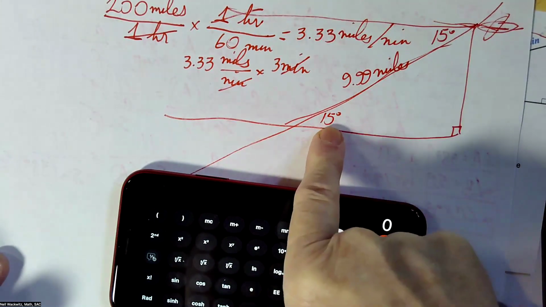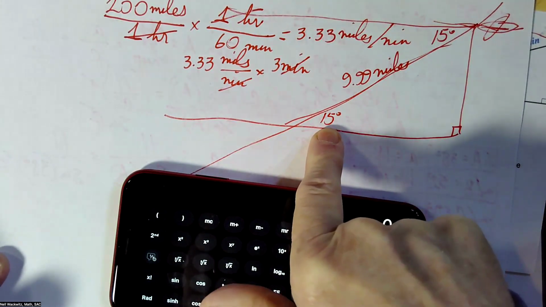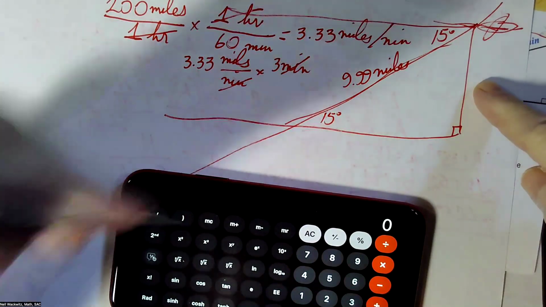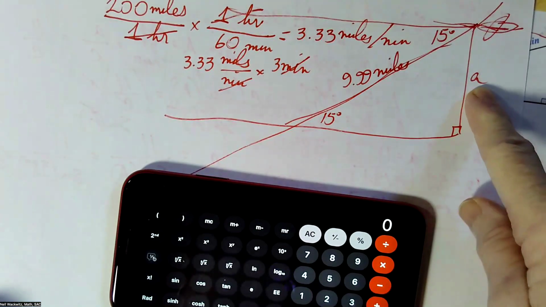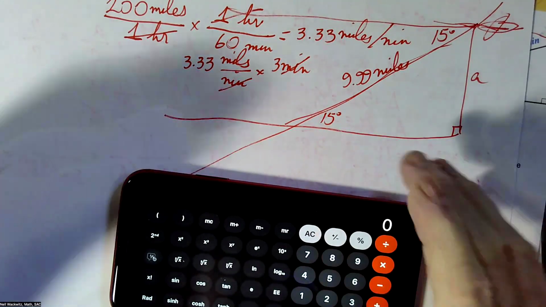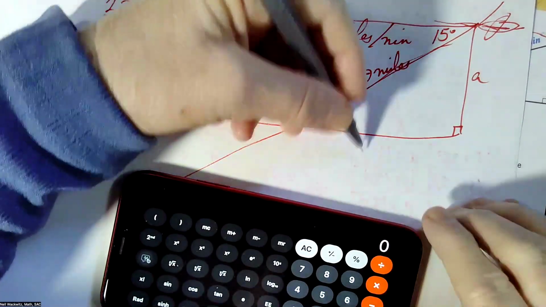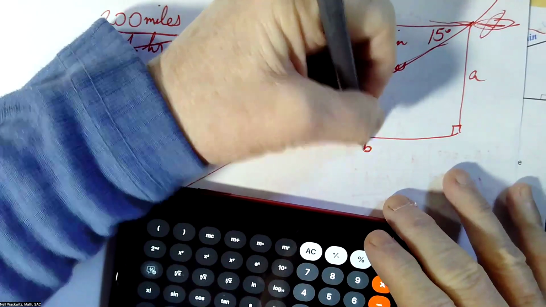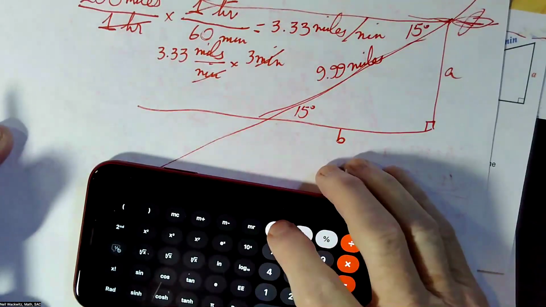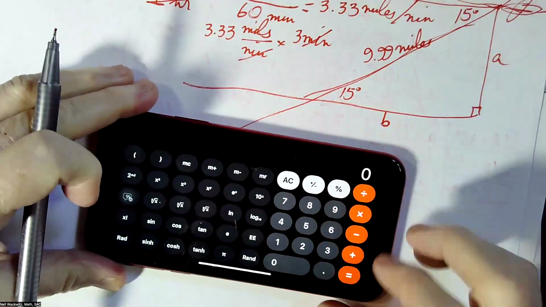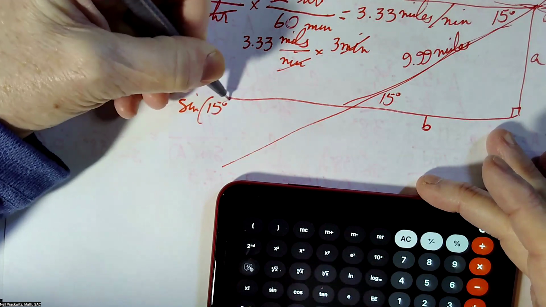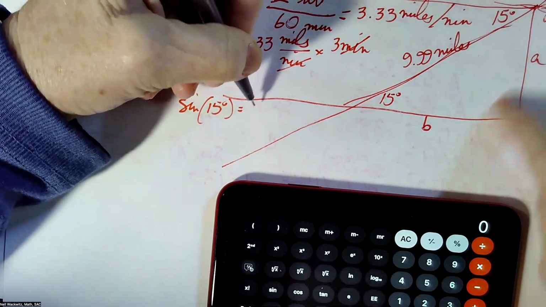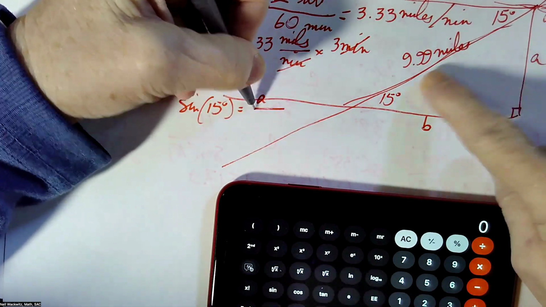If I take the sine of 15, I'll get the vertical height. And if I take the cosine of 15, I'll get the horizontal distance. Okay, let's see. So sine of 15 is opposite over hypotenuse.